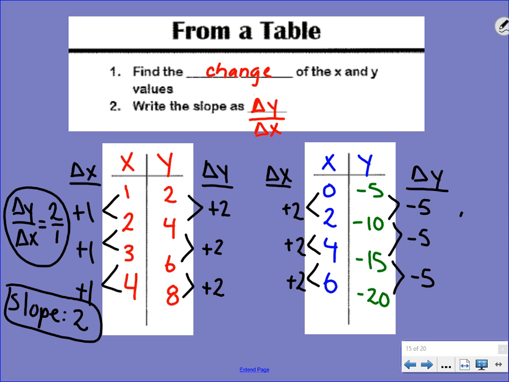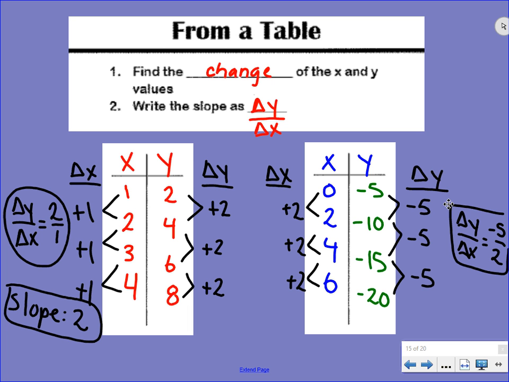Our change in y is minus 5, so we put negative 5. Our change in x is positive 2. So this slope would be a negative 5 halves. You will see fractions in slope fairly often, so don't be afraid of those fractions, and make sure you mark it as a negative slope going down the mountain.